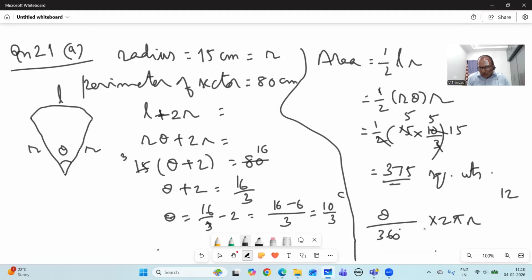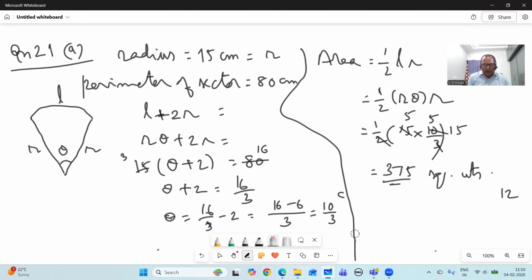So for 1 degree, the arc length becomes 2 pi r by 360 degrees. And for a sector, the angle is theta, so you multiply this by theta. This degrees can be converted into radians, 2 pi cancels, and it is r into theta. That's how L becomes r theta, the length of this curved portion. That's what I am using.